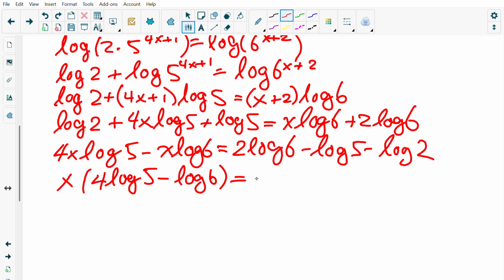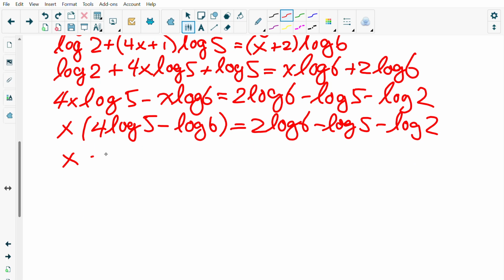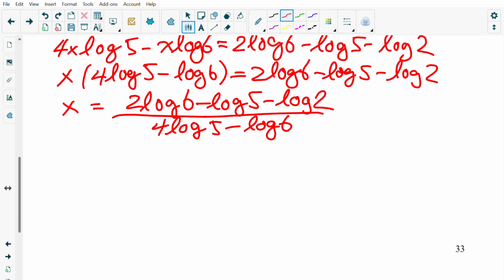That is 4 log of 5 minus log of 6 equals 2 log of 6 minus log of 5 minus log of 2. Okay, divide both sides. I get 2 log of 6 minus log of 5 minus log of 2 divided by 4 log of 5 minus log of 6. Wow.